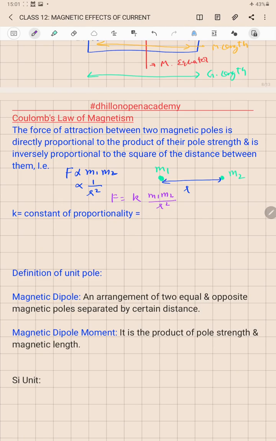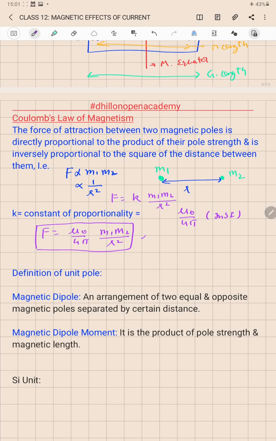Now this constant of proportionality K in the SI system is equal to mu naught over 4 pi. Therefore F is equal to mu naught over 4 pi into m1 m2 divided by r squared. This is the expression for Coulomb's law in magnetism. Okay, it is the Coulomb analog of magnetism.